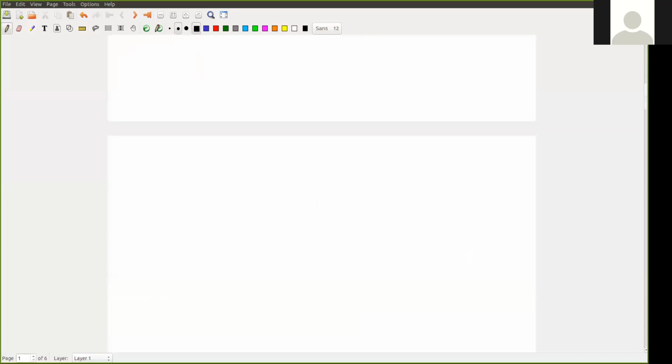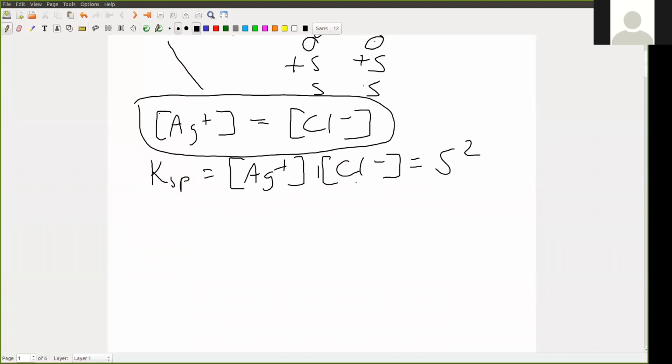So we'll want to use the mole per liter equivalent of our solubility. So we first need to calculate that. So 1.8 times 10 to the minus 3 grams per liter times the molar mass of silver chloride.